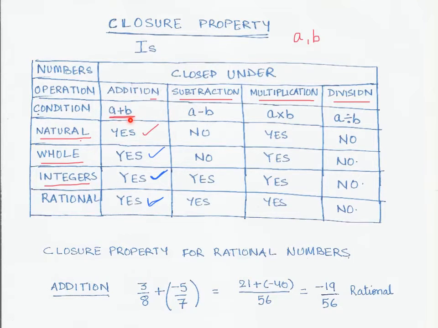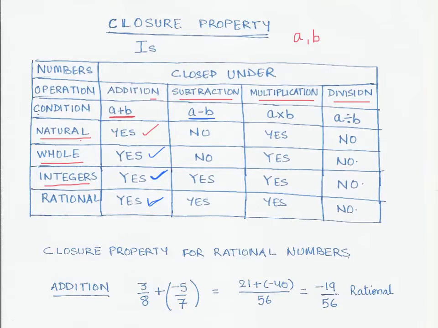Now let us look at the third column, that is subtraction. The criteria for subtraction is we take any two numbers of the same type, that is A and B, either natural or whole or integers or rational, and we subtract the two numbers and check what the result is.